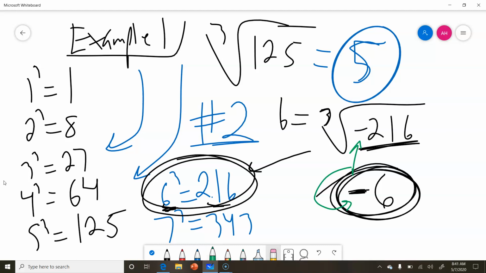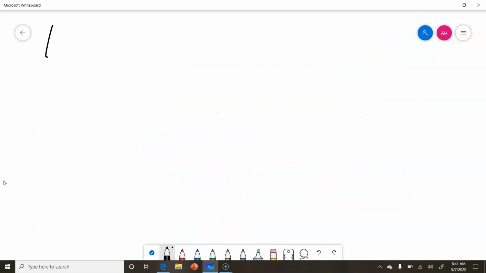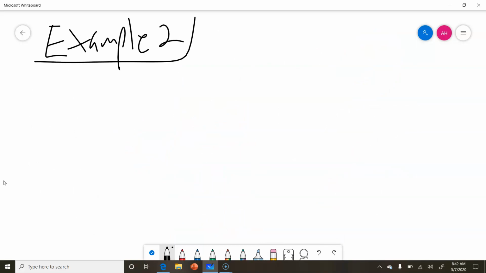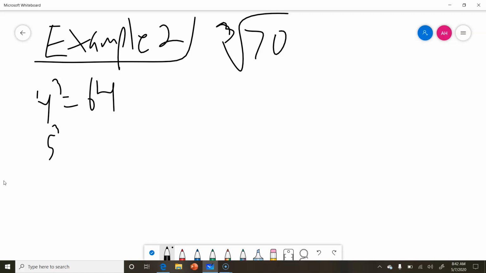Okay, now let's look at example 2. You can do it two ways. You have the cubed root of 70. Okay, that's not one of them, right? We had 4 cubed was 64, and 5 cubed was 125. Now, obviously, 70 is in between those two.